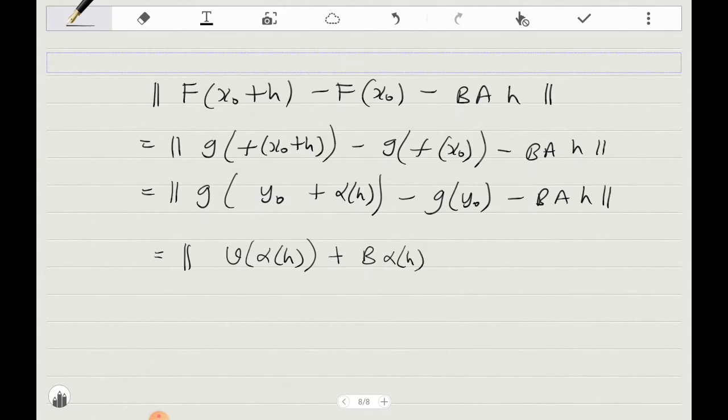All right, then in fact I can combine these.